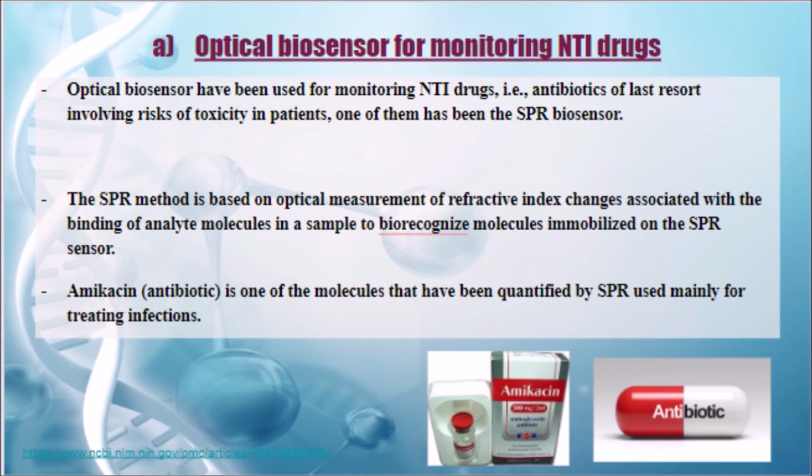Amikacin is one of the molecules that have been quantified by SPR. It is an antibiotic of last resort used mainly for treating infections involving gentamicin and tobramycin resistant gram-negative microorganisms, producing extremely serious secondary effects such as nephrotoxicity and ototoxicity.